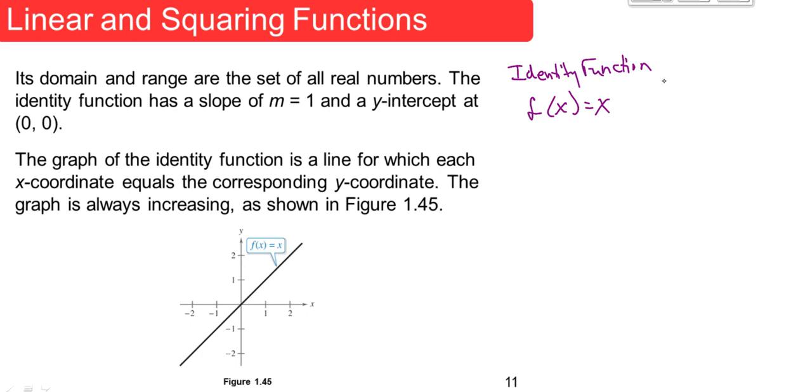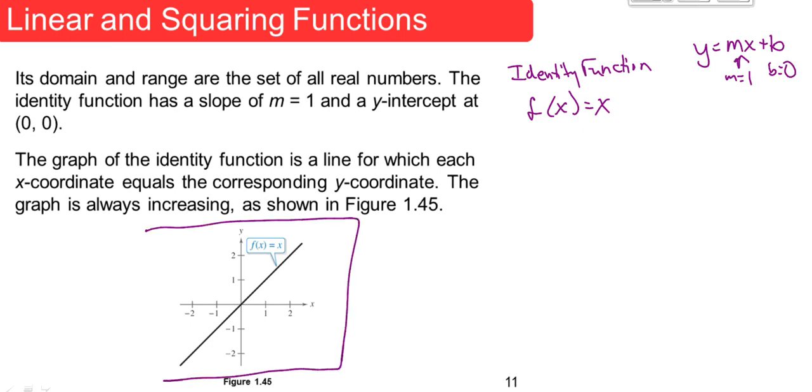If you think of that in terms of y equals mx plus b, m is 1 and b is 0. And so that's why this is the graph of that. You could maybe draw that. So the y-intercept is 0, the slope is 1, and you can see that there.